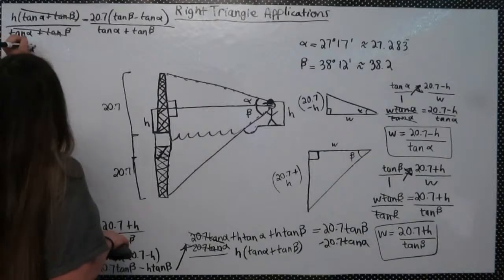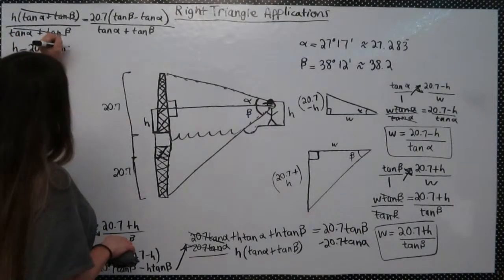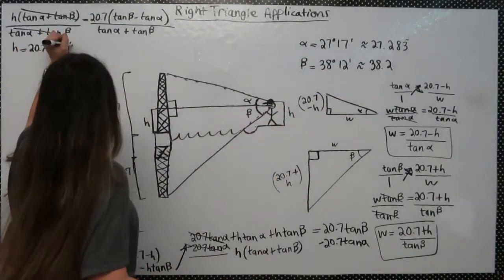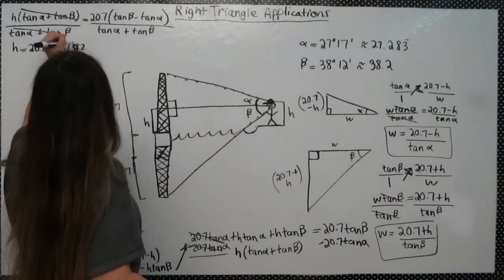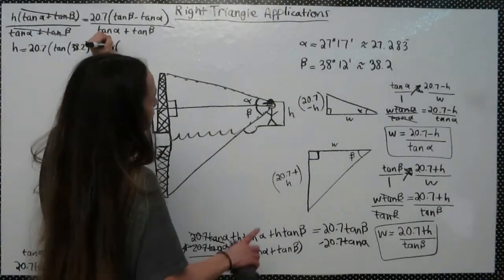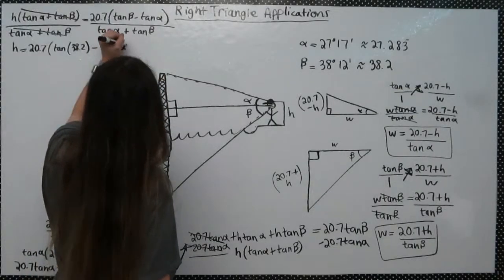So we've got 20.7 times the tangent of 38.2 minus the tangent of 27.3.